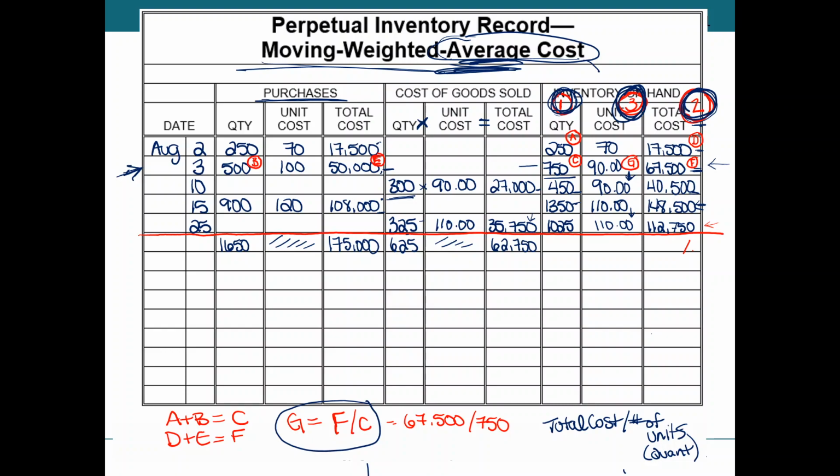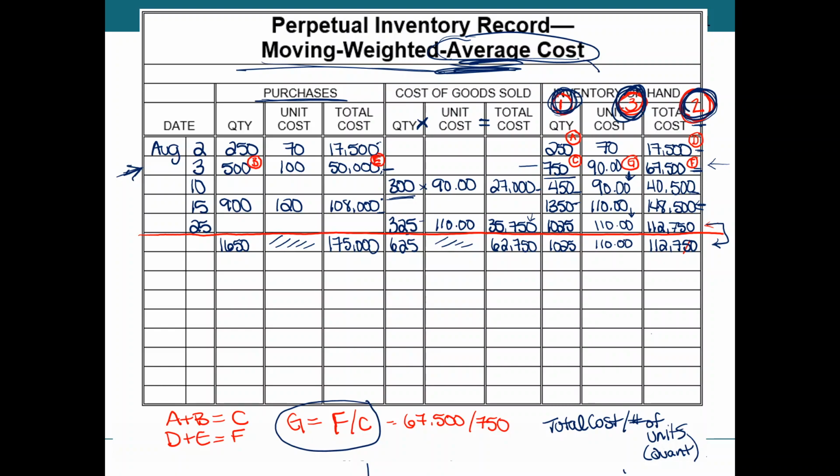And then our inventory on hand, we just move this down because it's not a total, it's what we have on hand right now. So we still have the 1,025 at 112,750. And here you could write 110 because that is in fact the unit cost that we will use for all of these inventory items. Okay, so that is the full step of the average cost.